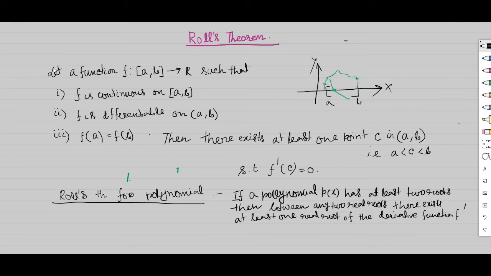So Rolle's theorem assured that if p(x) is a polynomial having at least two real roots, then the derivative polynomial p'(x) has at least one root in between those two real roots of p(x).